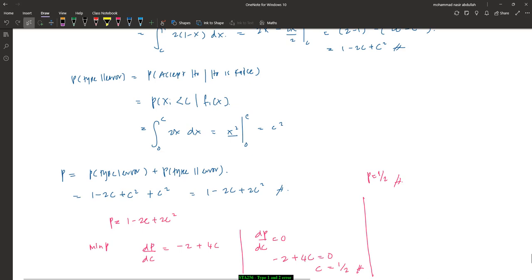Okay. I think that's all. Any questions? I think that's all for type 1 and type 2 error, right? So next class we will look into the Neyman-Pearson lemma. That one is regarding finding the best critical region, right?